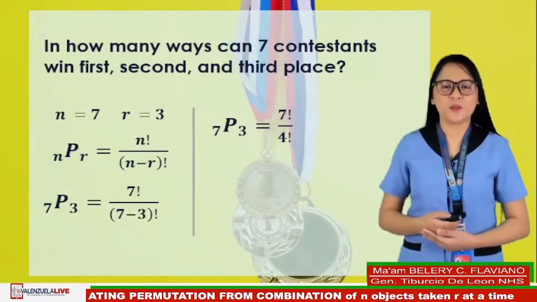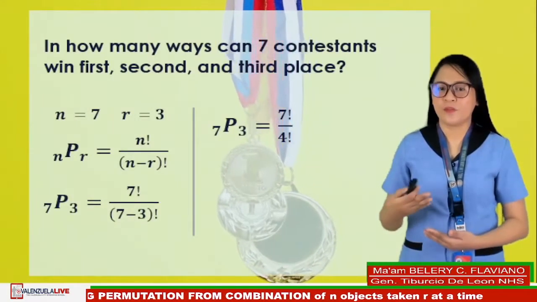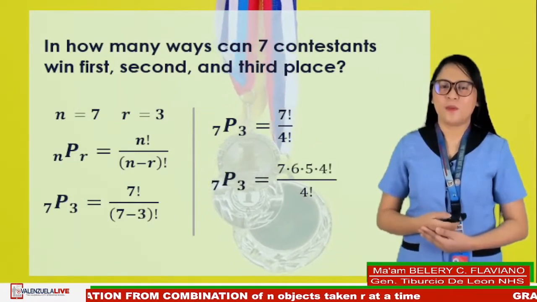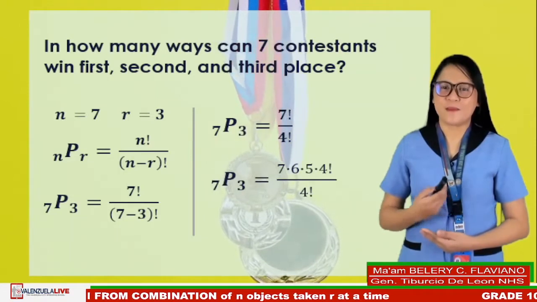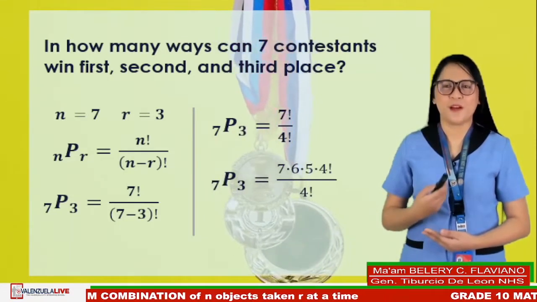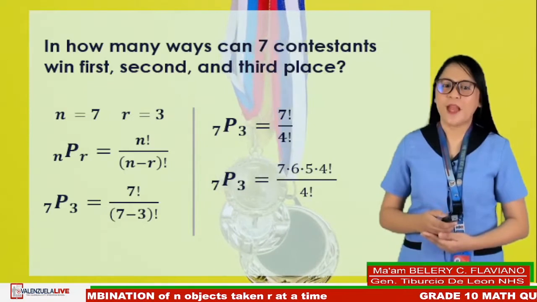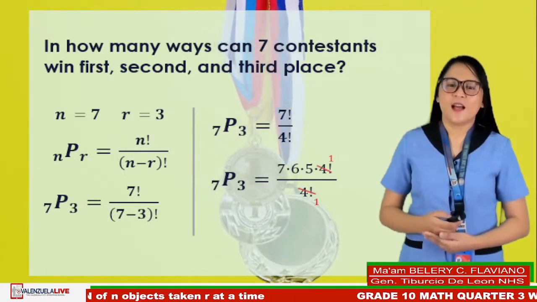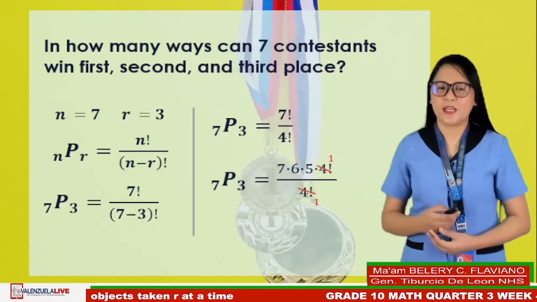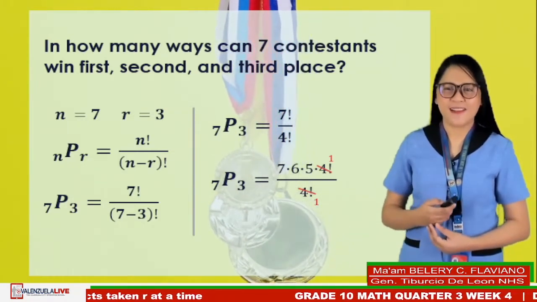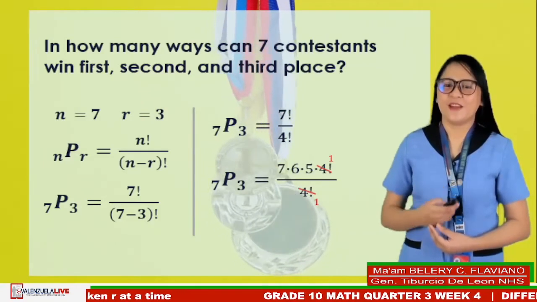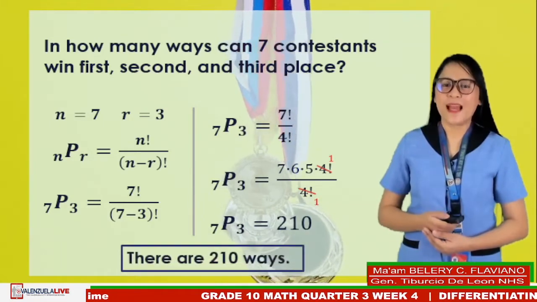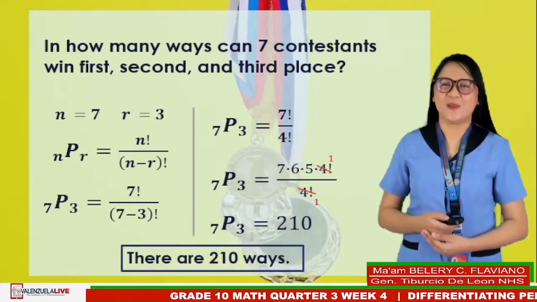So 7 factorial will be expanded up to 4 factorial to divide out the 4 factorial in the denominator. We will have 7 times 6 times 5 times 4 factorial over 4 factorial. Now we can divide out 4 factorial. Okay? Next is to multiply the remaining factors, which are 7 times 6 times 5. And the answer is 210. Therefore, the answer is 210 ways.